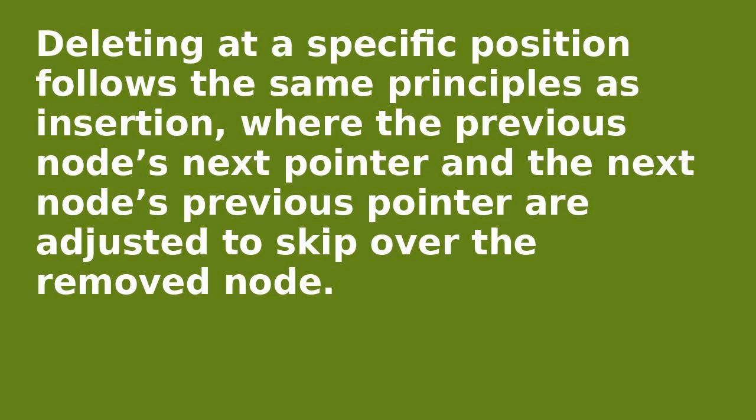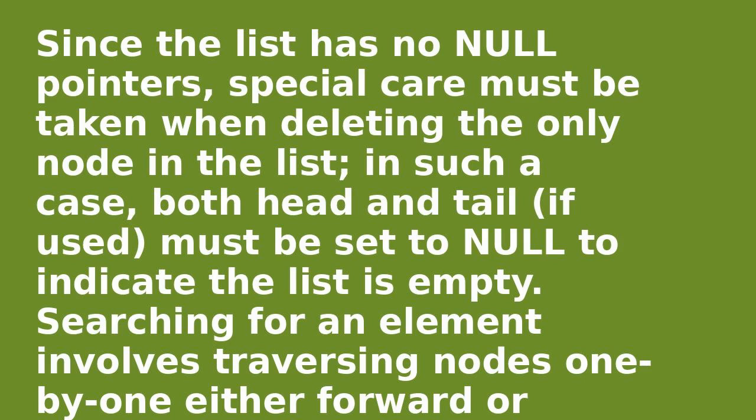Deleting at a specific position follows the same principles as insertion, where the previous node's next pointer and the next node's previous pointer are adjusted to skip over the removed node. Since the list has no null pointers, special care must be taken when deleting the only node in the list. In such a case, both head and tail, if used, must be set to null to indicate the list is empty.